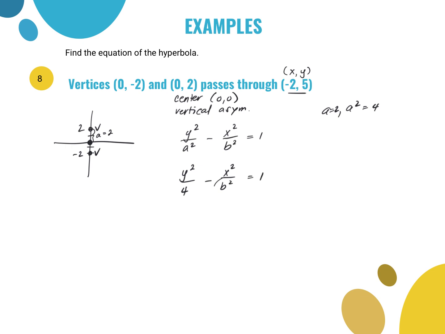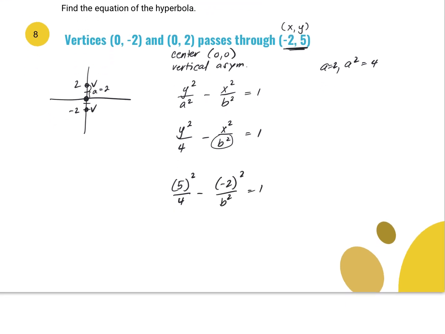So now notice the only thing I need to figure out here is what b is going to end up being, right? But if I have a point, -2 and 5, I have an x and I have a y. So I can actually plug those in. So I can actually do that y value of 5 squared over 4 minus that x value squared over b squared equals 1. So I can just kind of do the math here.